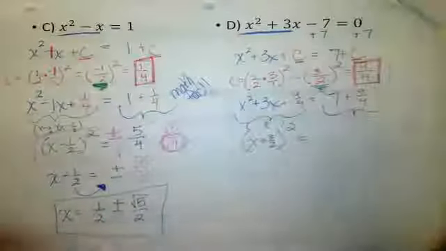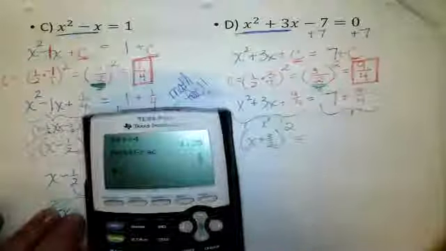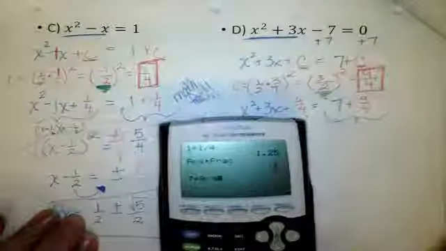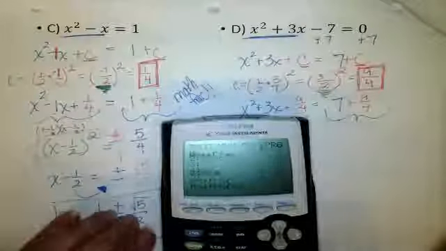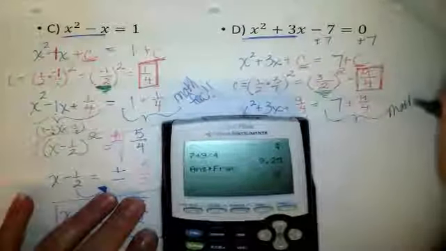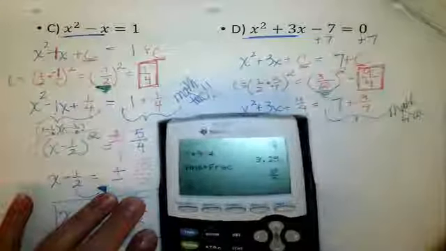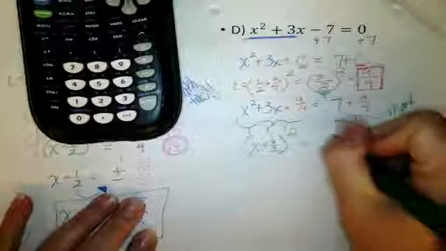Over here, 7 plus 9/4 seems complicated, so I'm just going to use my calculator and do 7 plus 9/4. And I get 9.25, which then I'm going to math frac, which is 37/4.